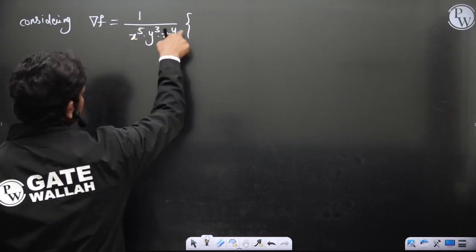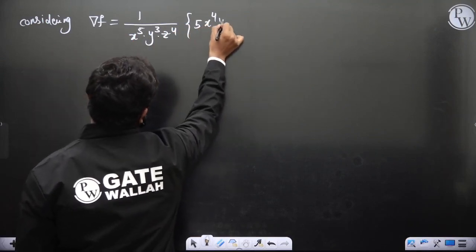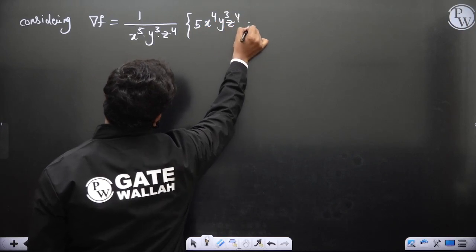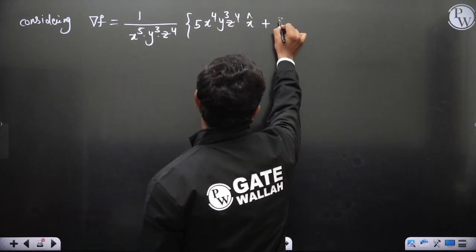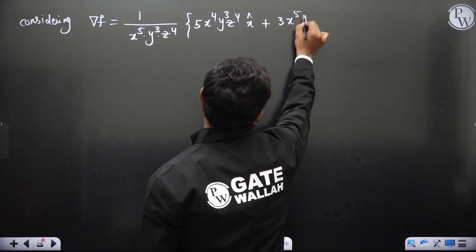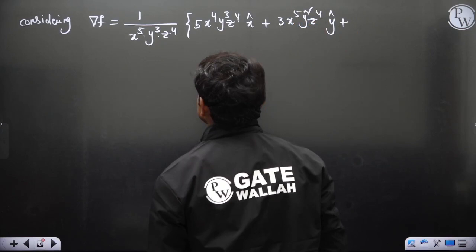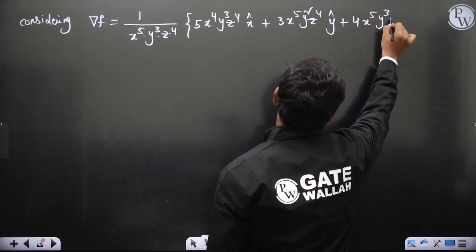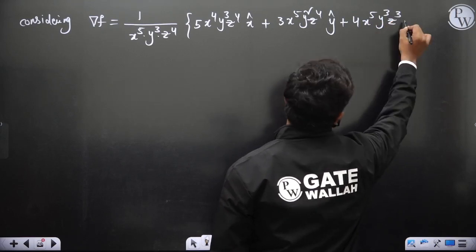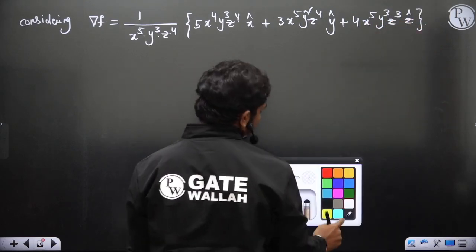Then if you differentiate with respect to x, y and z, we have 5x power 4 y cubed z power 4 x cap, plus with respect to y, 3x power 5 y squared z power 4 y cap, plus with respect to z, 4x power 5 y cubed z cubed z cap. This is the gradient of the scalar point function.